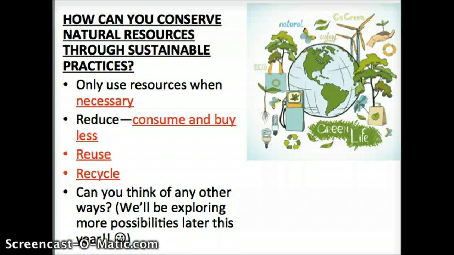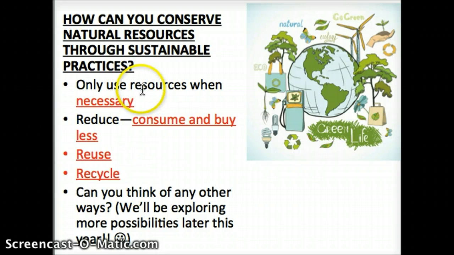And finally, let's start the conversation. Obviously, this is a really huge topic, how we can conserve natural resources through sustainable practices. There's going to be a whole other lesson and unit about this, but it doesn't hurt to start thinking about it. But what can we do to kind of preserve our Earth? What are some simple things that people can do in their everyday life? So obviously, reduce, reuse, and recycle, the 3 R's, really big deal.